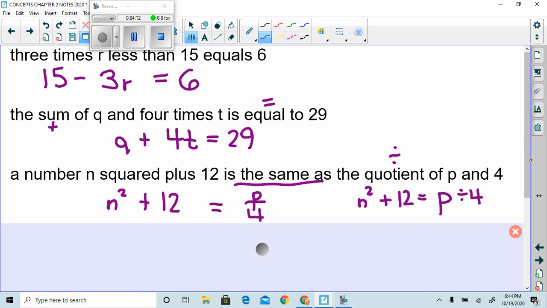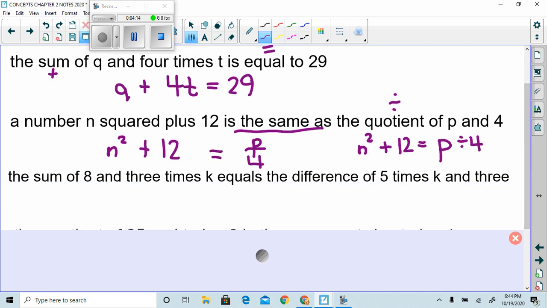Both work. Sum, that tells me to add. The sum of 8 and 3 times k equals the difference, that means I'm going to be subtracting, the difference of 5 times k and 3.